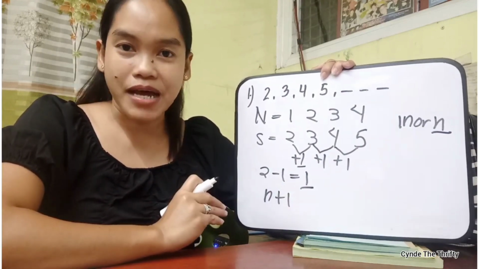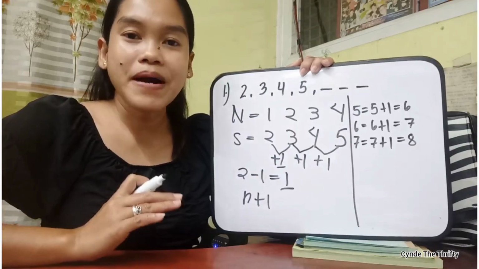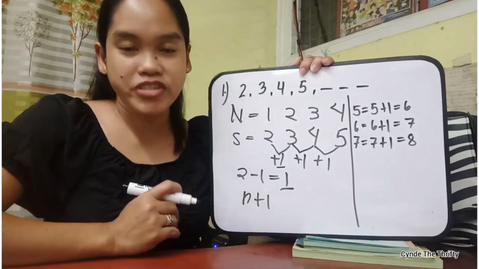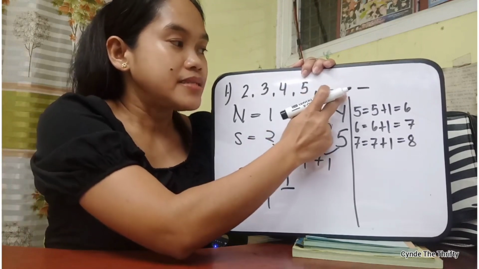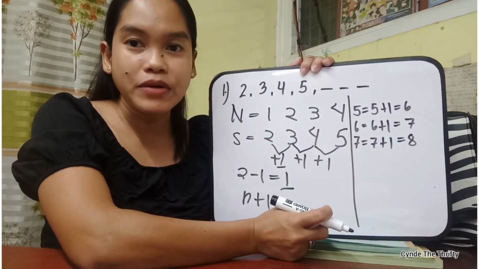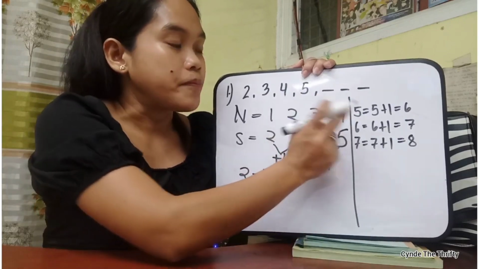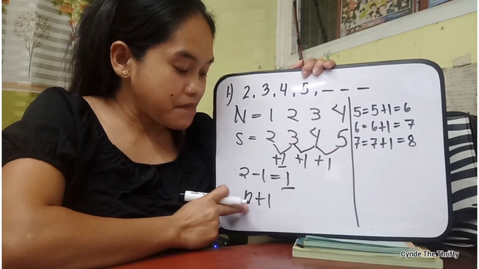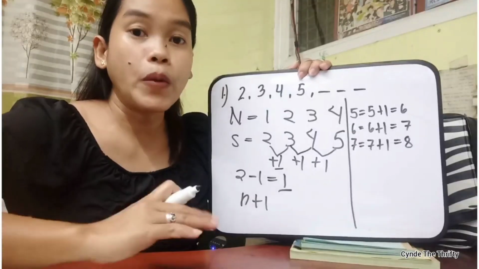So, i-check natin kung tama ba yung nth rule na nagawa natin, which is n plus 1. Isosolve natin yung ating 5th term, 6th term, and 7th term. So, 5th term, ang ating formula is n plus 1. So, ano yung term na hinahanap natin? 5th, or yung panglimang term.